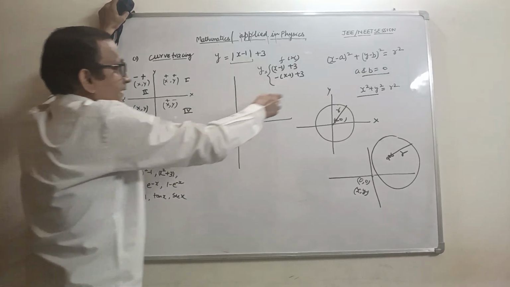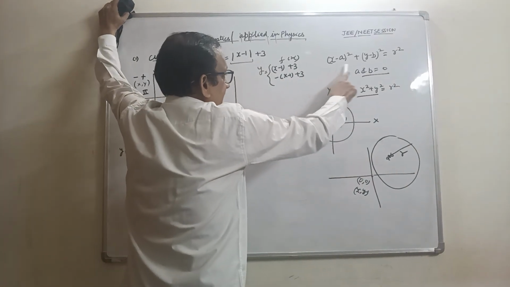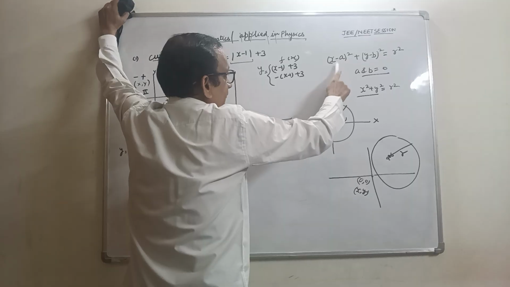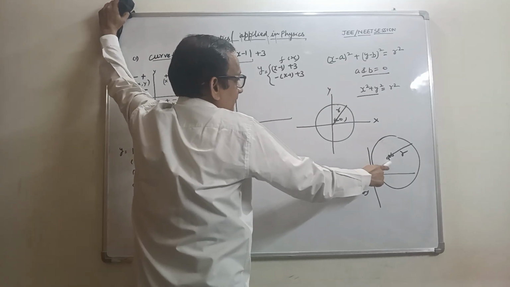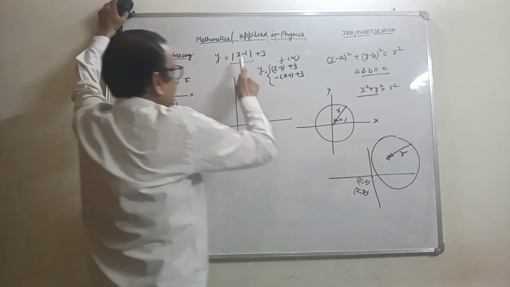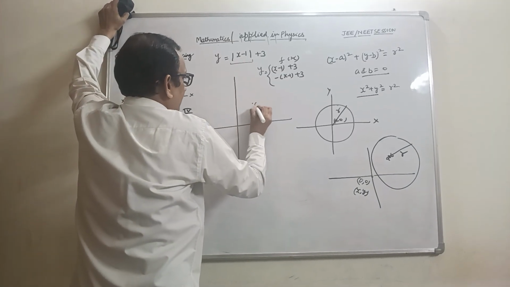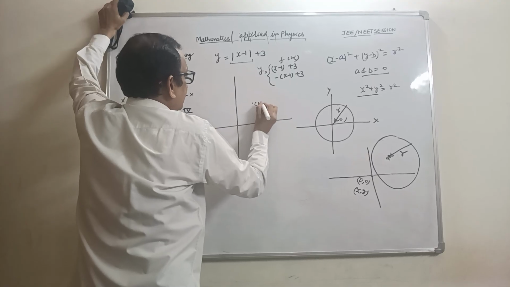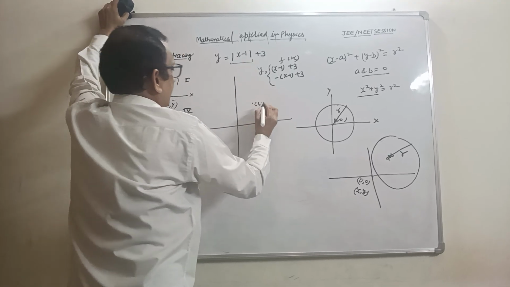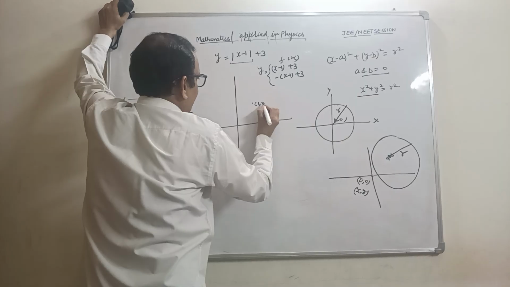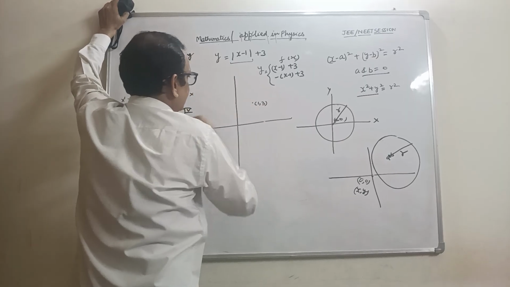But by this circle equation, as the center of the circle shifts from the axis, similarly this point would be 1 and 3.